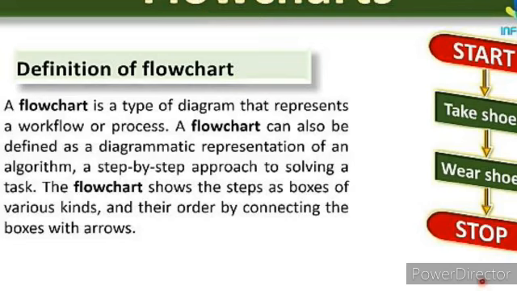A flowchart can also be defined as a diagrammatic representation of an algorithm, a step-by-step approach to solving a task. The flowchart shows the steps as boxes of various kinds and their order by connecting the boxes with arrows.